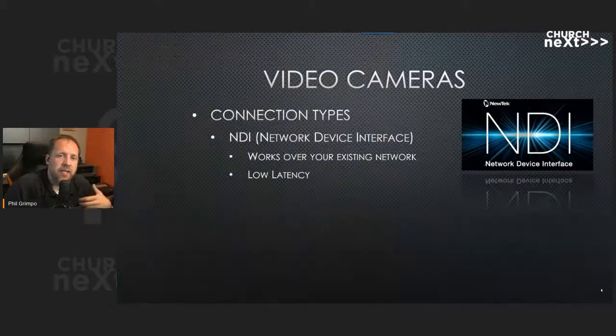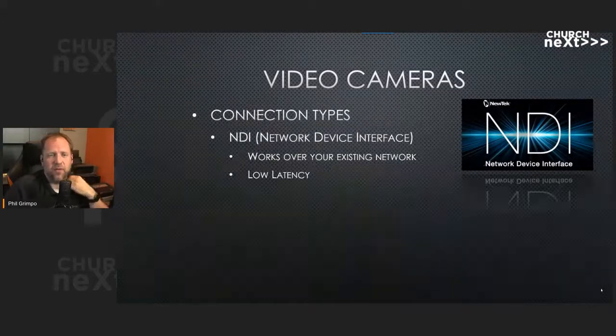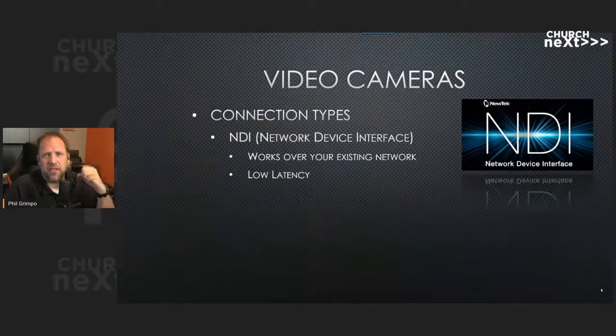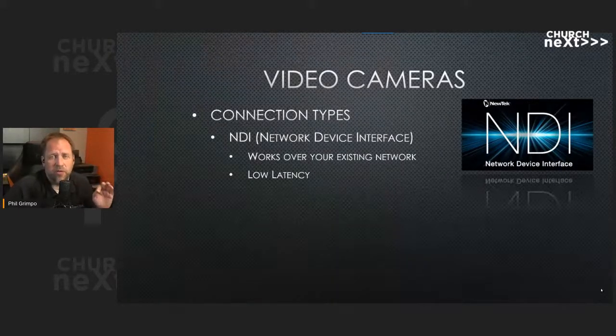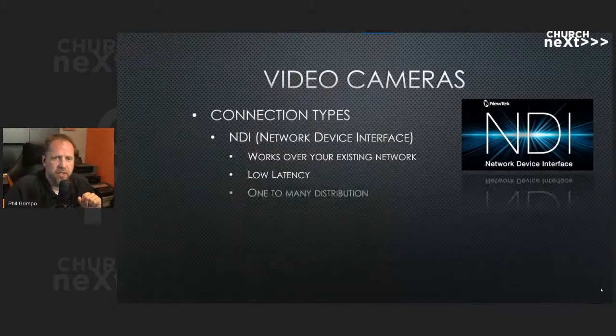So NDI is nice because it's low latency. There have been other formats out there that have kicked video through your network, but they usually took time to encode and decode, and when you looked at the other end, it may be a second or two behind or even more. So this is low latency, meant more for live production. It's not no latency, but it's very, very low latency.